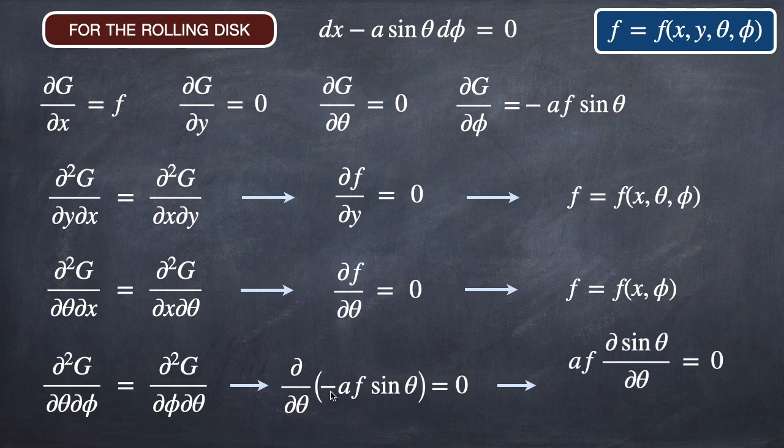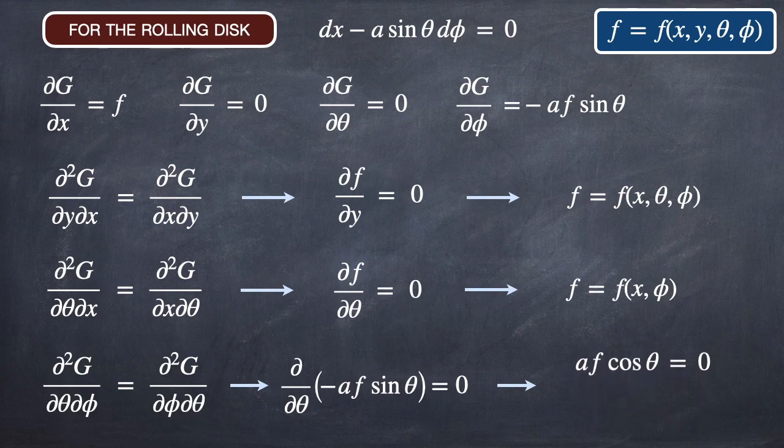If we omit the negative sign, because this is equal to 0, then the result is a times f times the partial derivative of sine of theta with respect to theta, and the result of that is cosine of theta.